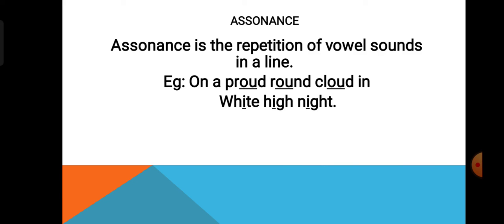Example, on a proud, round, clouding, white, high night. I've underlined the repeated vowel sounds O and I. In the second line, white, high, night, the I sound is being repeated.